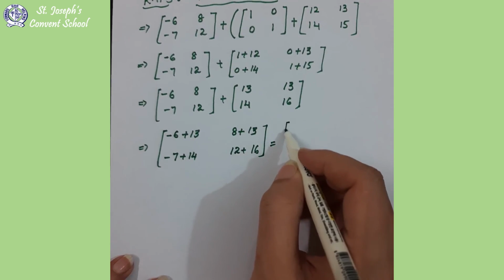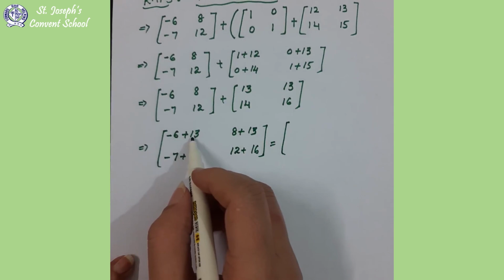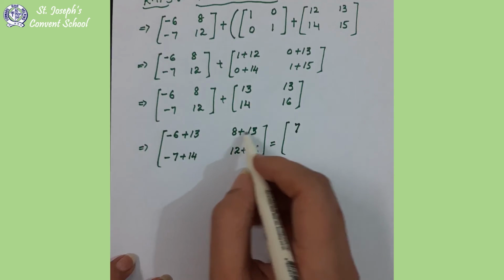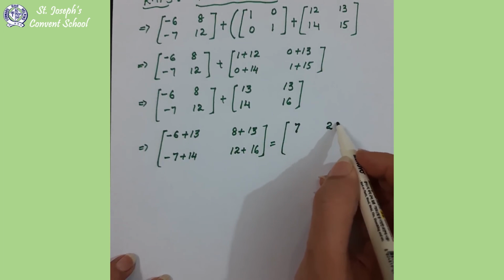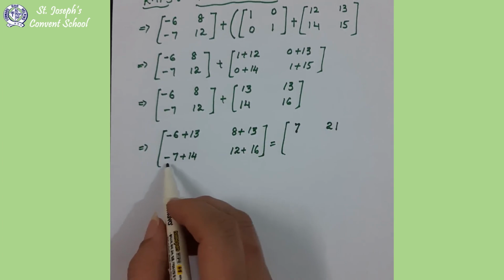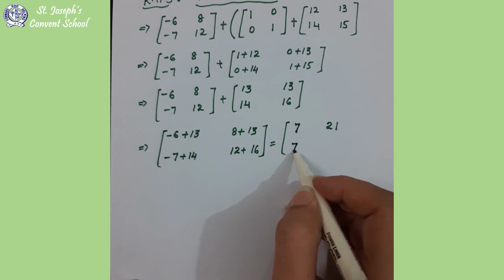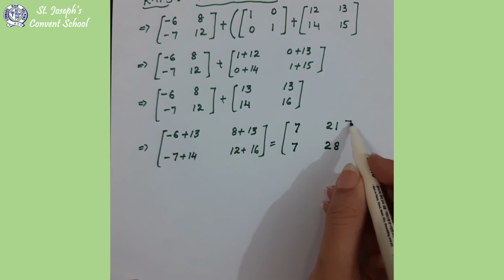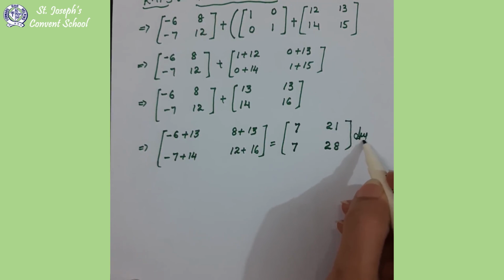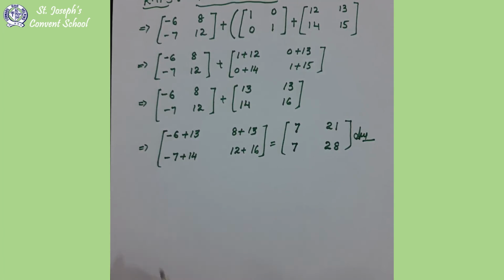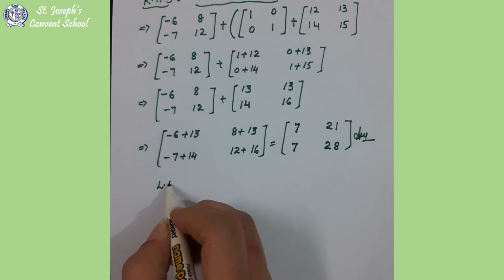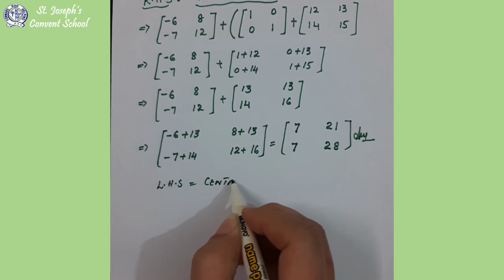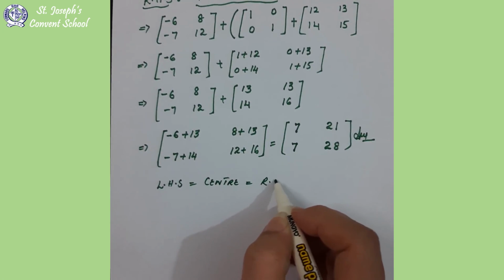So minus 6 plus 13, you will subtract them, sign of the greater number, 7. 8 plus 13 is 21. Minus 7 plus 14, subtract them, 7, sign of the greater number plus. 12 plus 16 is 28. So you can see this answer is also same as the other two answers. So it means that left hand side equals center equals right hand side.